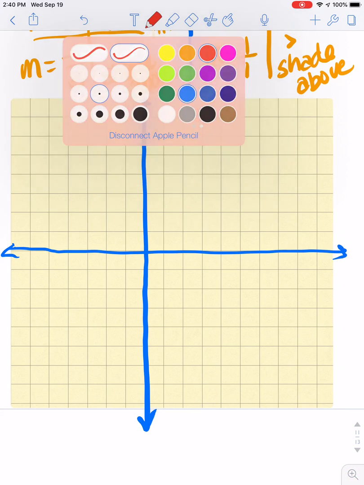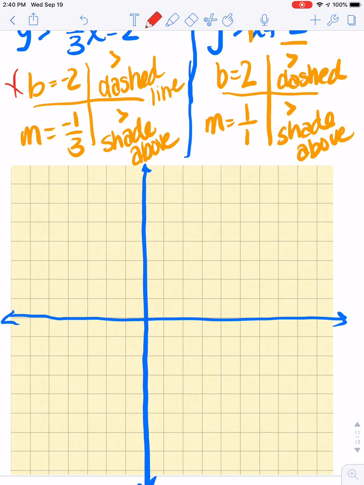Okay, so I'm going to start graphing. And remember, we start with this one. So -2 is down here. My slope is -1/3. That means I go down 1 and over 3. Okay, I know this is going to be a dashed line.